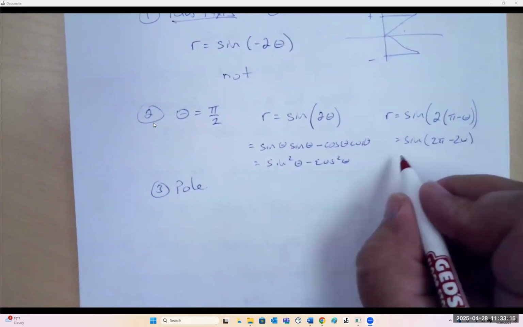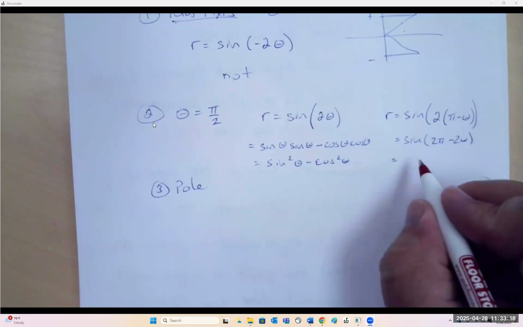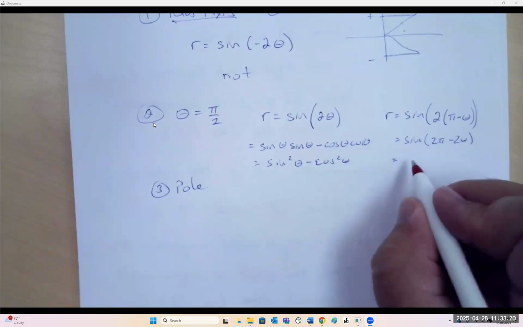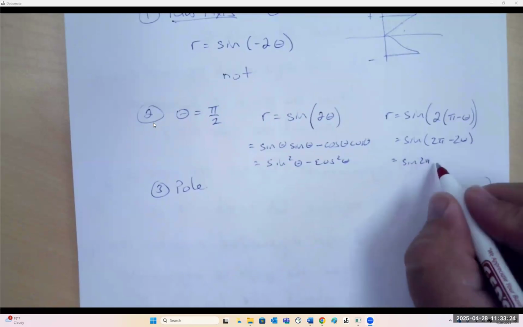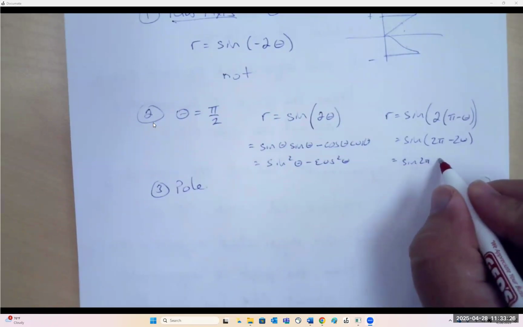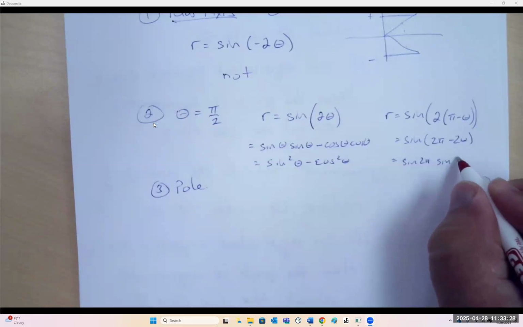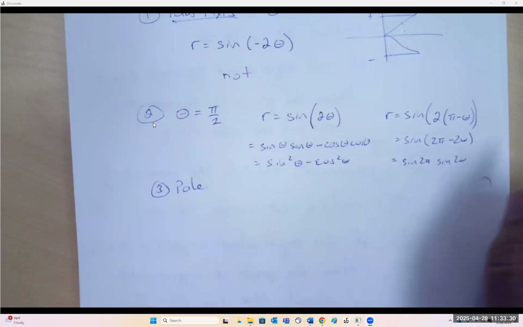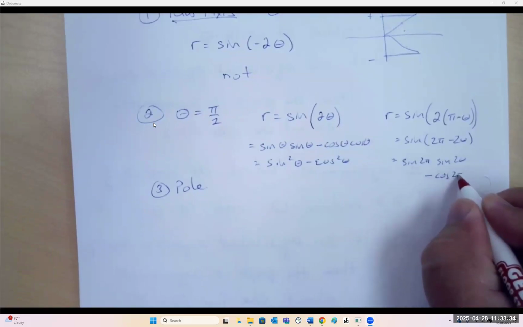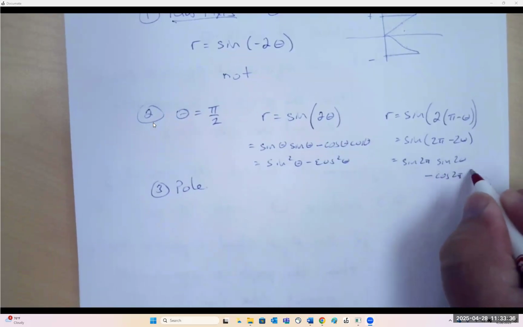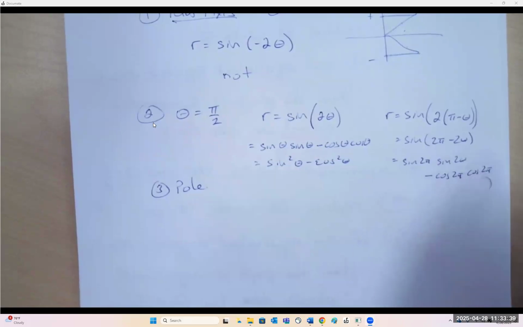The difference of two angles: sine 2 pi times cosine 2 theta minus cosine 2 pi times sine 2 theta.